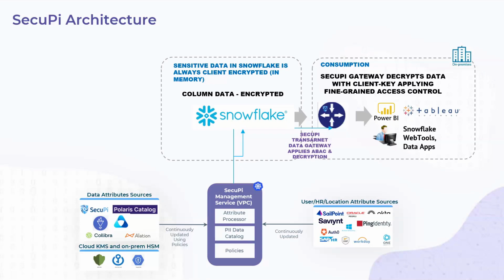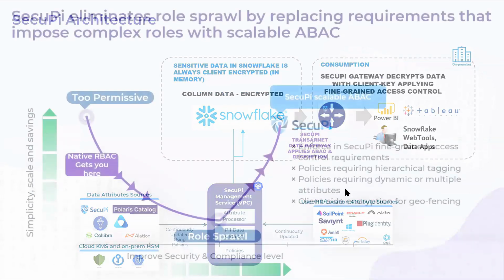Is it very sensitive PII or less sensitive PII? I will leave that to the access control policies within SecuPi. That's the idea here. And you will be able to consume it anywhere you want, be it in Tableau or Power BI or via APIs or anything like that.